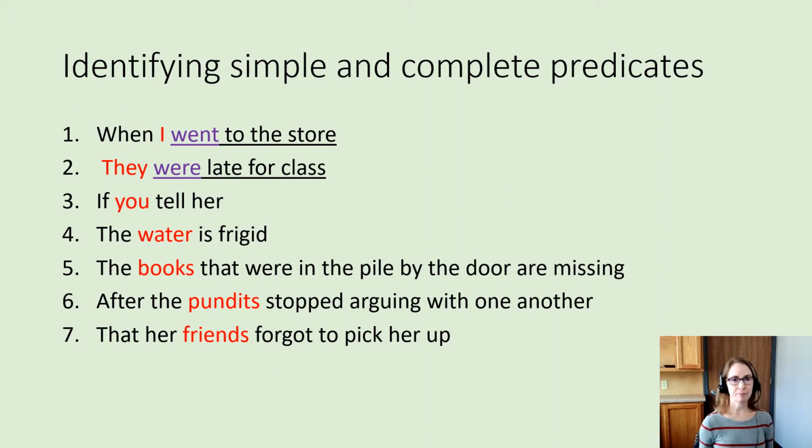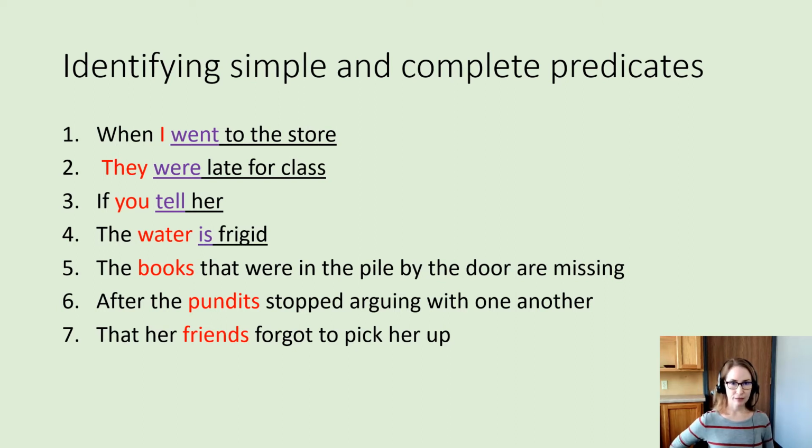Number 3, if you tell her, what's the verb here, the main controlling verb? It's tell, and the complete predicate is tell her. Who are you telling? You're telling her. So that's the predicate for that clause. Number 4, the water is frigid. Is is our simple predicate. Is frigid is the complete one.